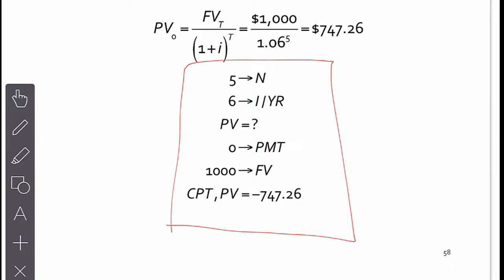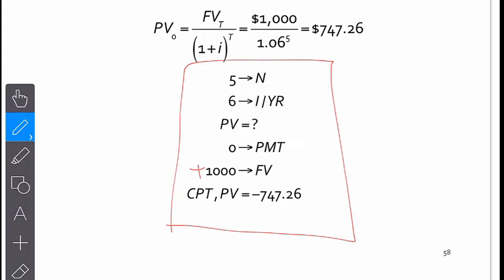So from left to right, enter 5 periods, 6 as your rate. PV is what we want, so don't enter it. There are no payments. We're back to no payments. It's just a regular time value of money problem. And the face value or the future value to be received is a positive 1,000.